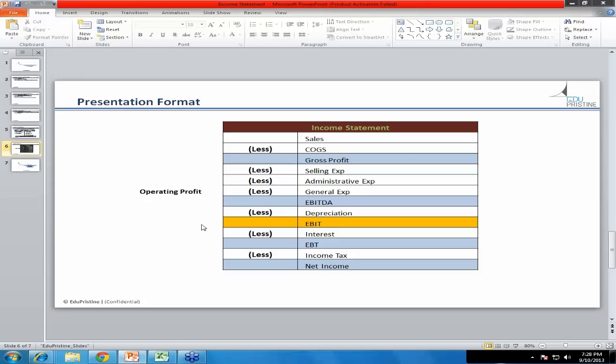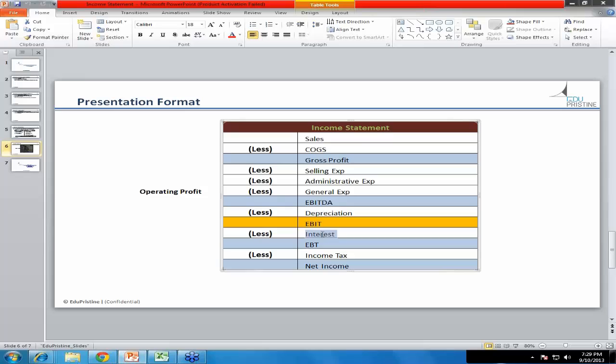Amortization is the depreciation of an intangible asset, like goodwill or a patent, which is losing value. You would amortize a patent over time just the way you would depreciate a real estate property. Once you take out depreciation and amortization, that brings you down to EBIT, which stands for earnings before interest and taxes.